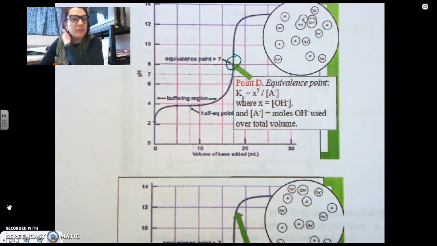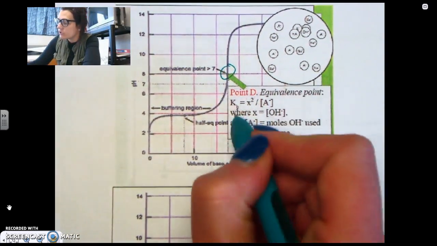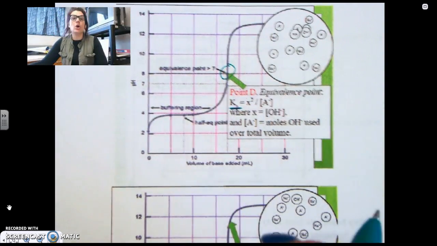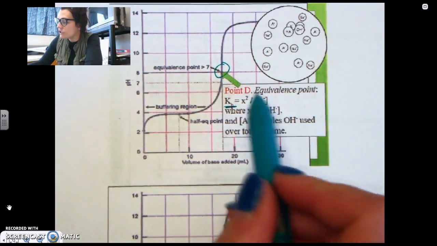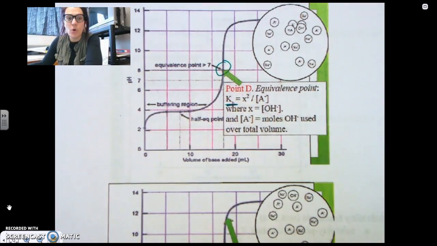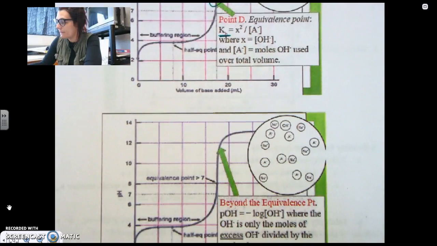So at equivalence for a weak acid, strong base reaction, you have to use Kb. Remember, we're above 7, which means we're now in our base zone. So we have to switch from Ka to Kb, and then we can solve for the OH concentration and then solve for the pH of the solution.